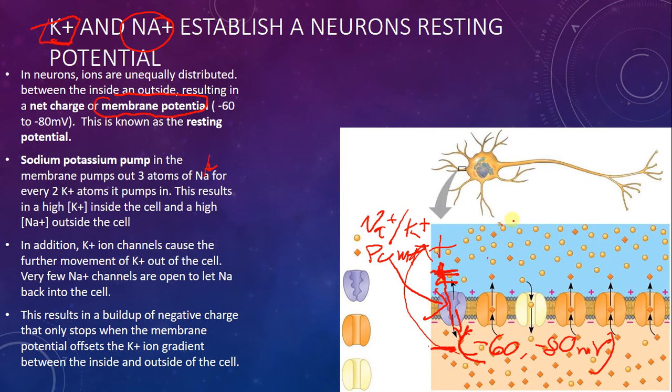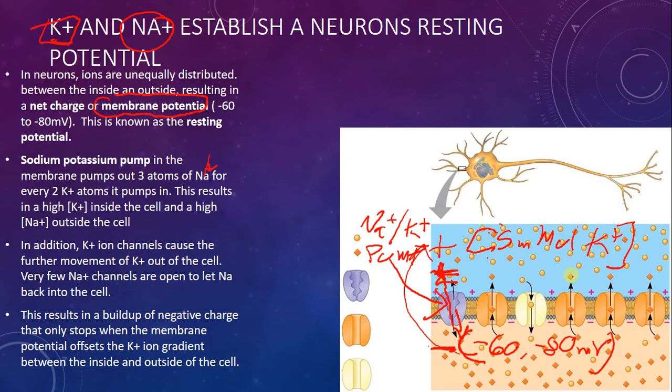We're going to only have about a 5 millimolar concentration of K+ on the outside of the cell. Very, very small outside, very, very high inside. That doesn't completely make this whole negative potential. In addition, there are ion channels in the cell membrane.